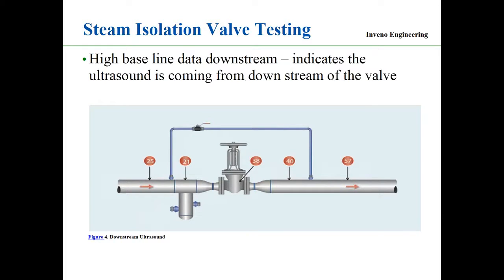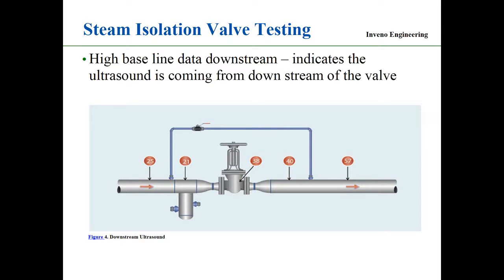So then I go to the next reading, and test point 1 is 25, test point 2 is 21, test point 3 is 38, test point 4 is 40, and you see the increase to 57 at test point 5. What that's saying is there's ultrasonic sound being generated downstream, or competing ultrasonic sound.